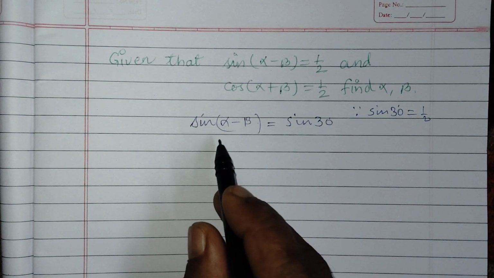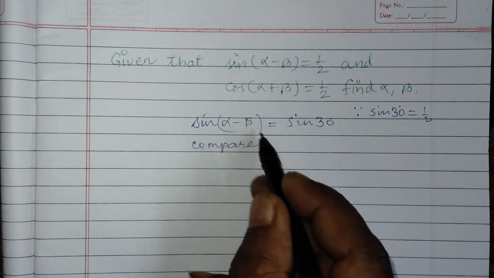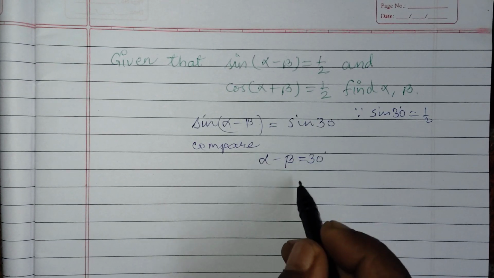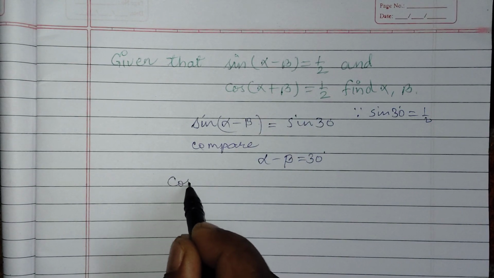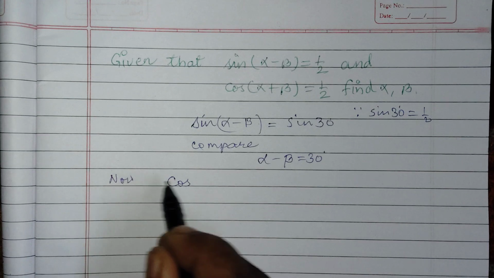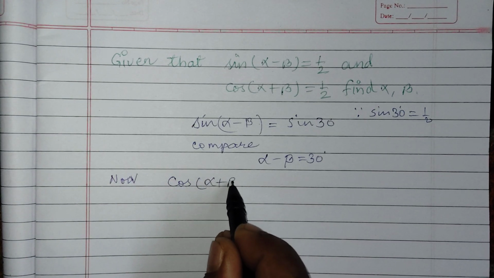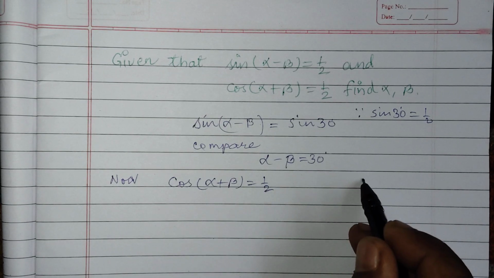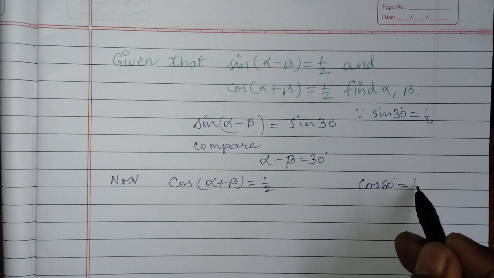So we compare both sides and remove sin. So we get alpha minus beta equal to 30 degrees. The second equation is cos(alpha plus beta) equal to 1 by 2, and cos 60 degrees is 1 by 2.